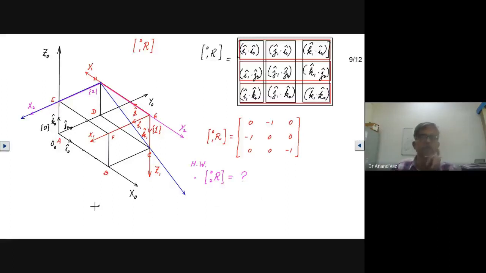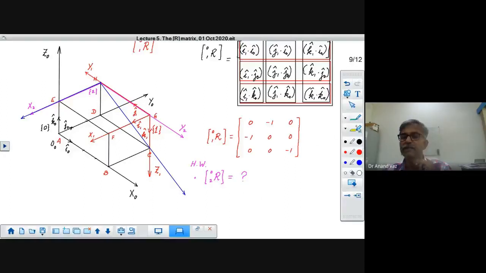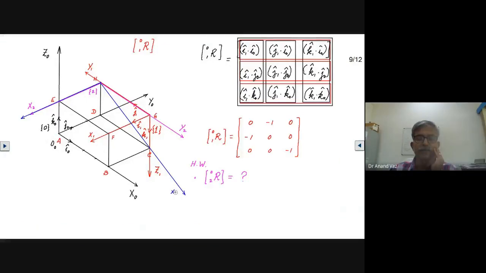So let us take this as x3, and this as y3. Let us take this as frame 3.